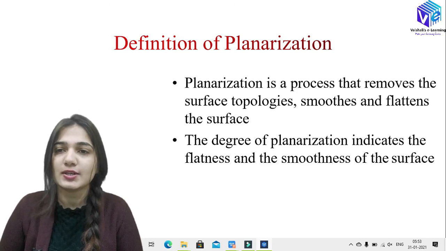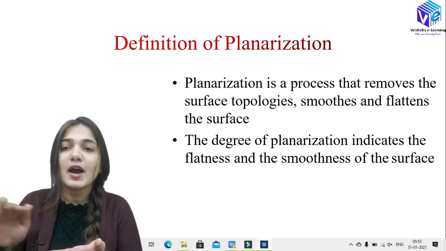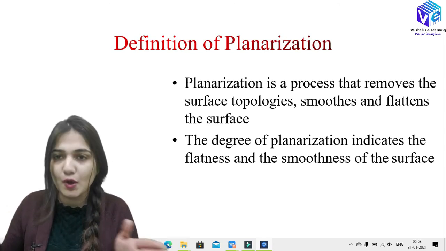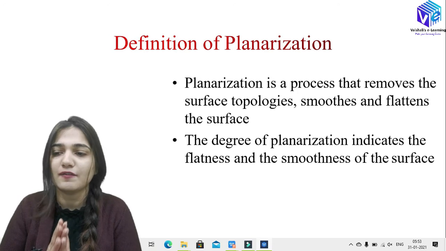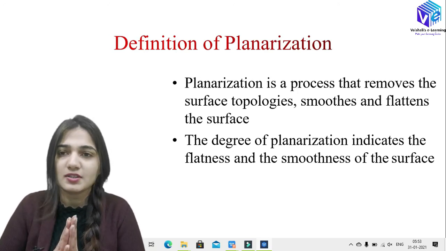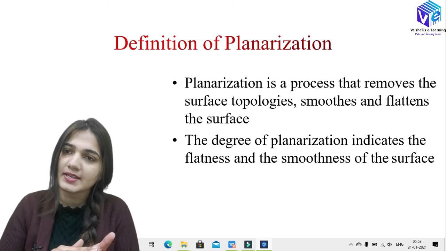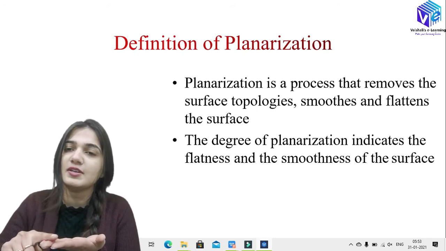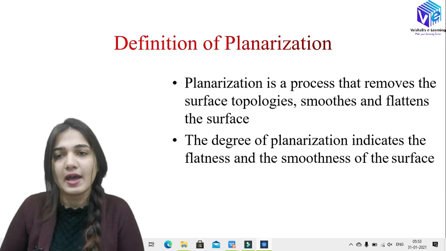So planarization is a process in which we are removing the surface topologies, or removing the roughness on the surface, and making the surface smoother and more flattened out, right? So this is the process of planarization, in which we are removing the surface topology and surface roughness, making the surface smooth and flattened.